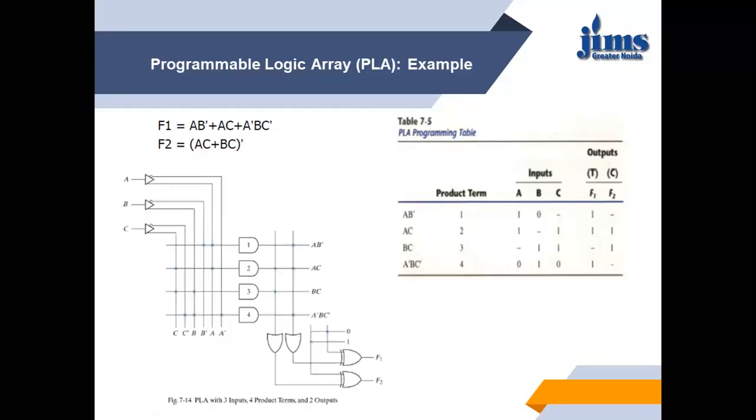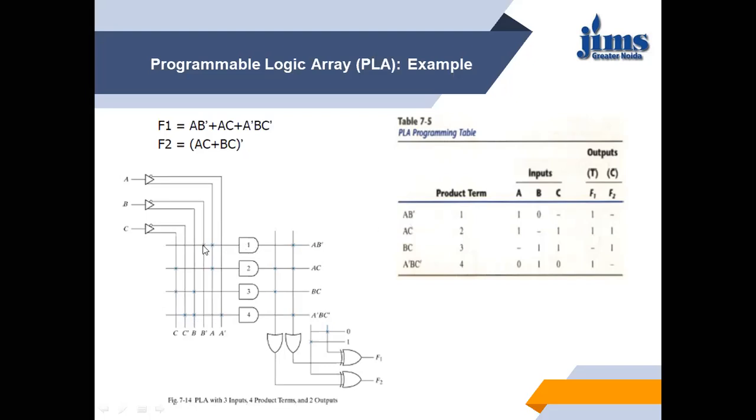But the structure will look like this. We have inputs A, B, C, and we have A bar, B bar, C bar. So we have all 6 lines. We have used 4 AND gates, 1, 2, 3, 4, for the 4 product terms. The first term is A, B bar.